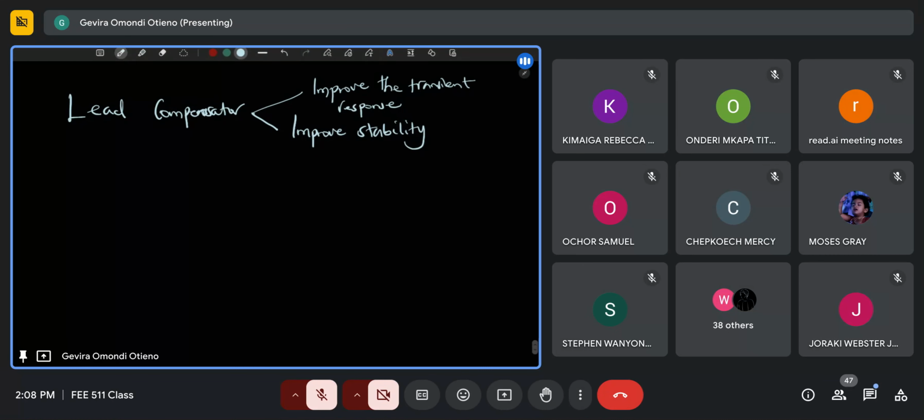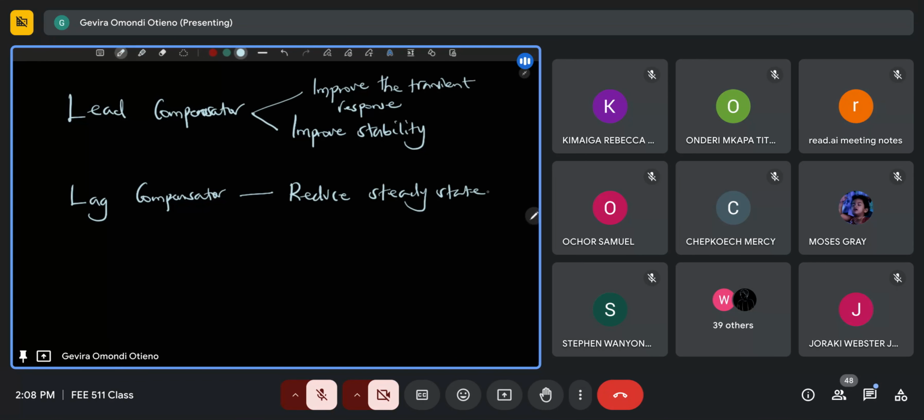Okay. However, that is not all in tuning a system. When we want to tune a system, there are other things, and that is where the lag compensation comes in. So the lag compensator, its main objective is just one, and its work is to reduce the steady state error.